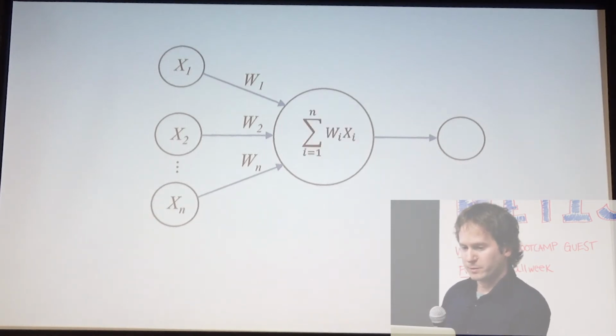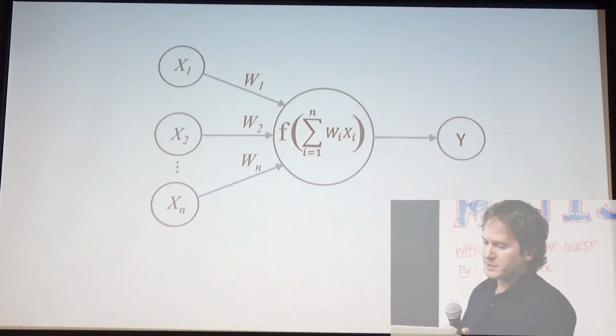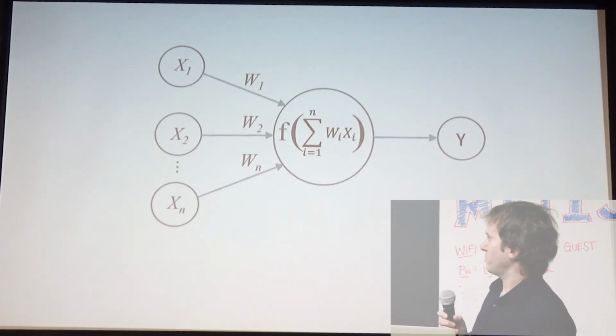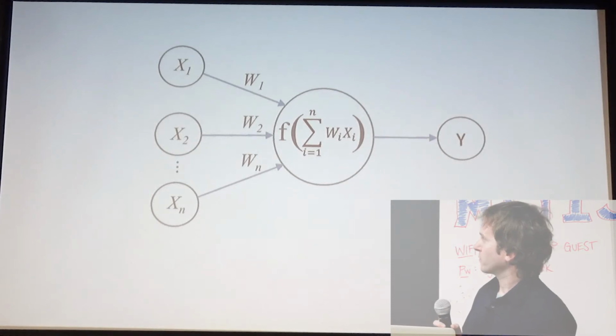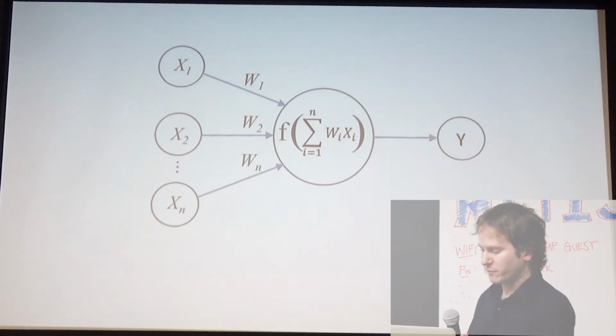We sum up these inputs and the weights, do some sort of calculation, and then pass that on. The context matters here, because these X's could be your initial input, or they could be a previous layer, and the output could be the output of your model, or it could be passing it to another layer. But in general, this is what's happening in each of these network nodes. It's just a simple summation and then a function.